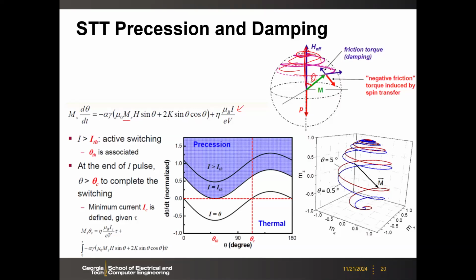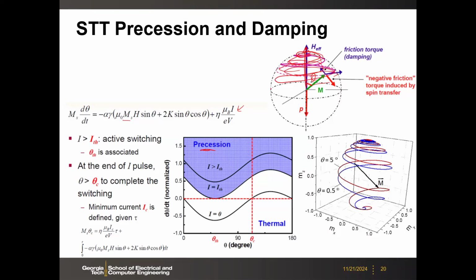This kind of motion in physics is called precession. If you recall your college level mechanics, maybe you still remember something. I don't know if they teach this. But anyway, this is called precession. Essentially, you are going to rotate this guy.